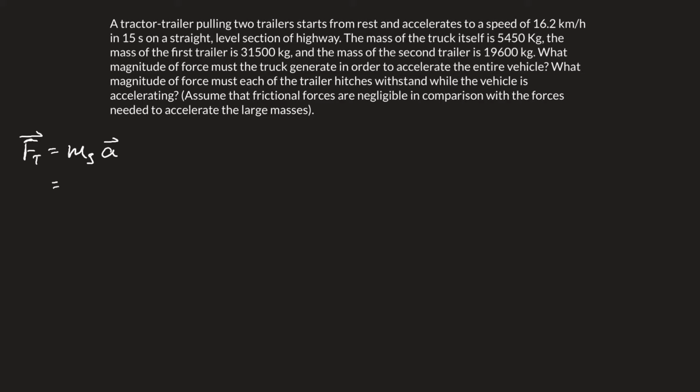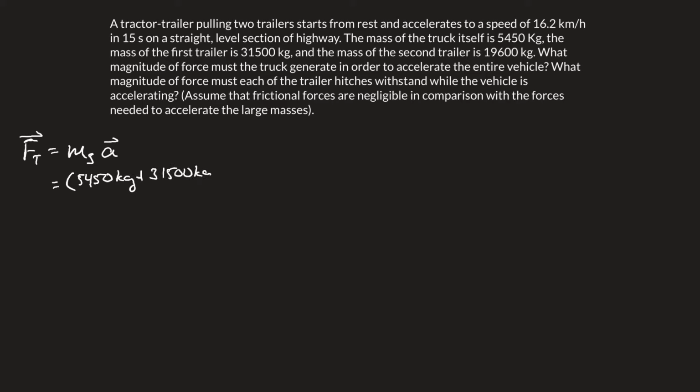We know the mass of the system. We showed it in the previous slide. That's just MT plus MA plus MB. So that's 5,450 kilograms plus 31,500 kilograms plus 19,600 kilograms.